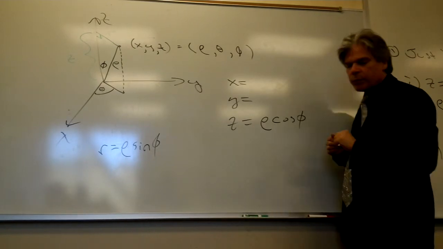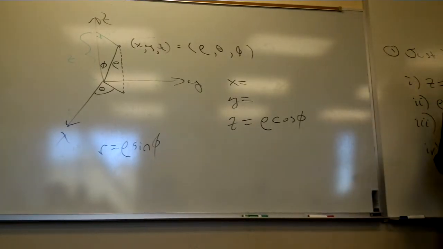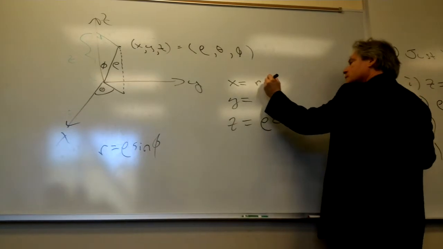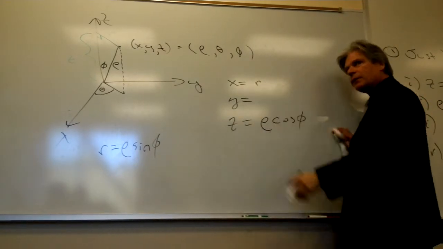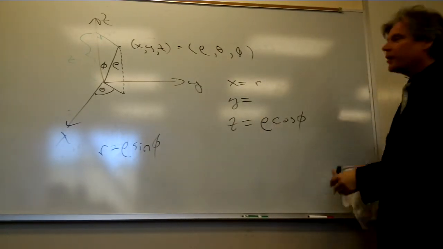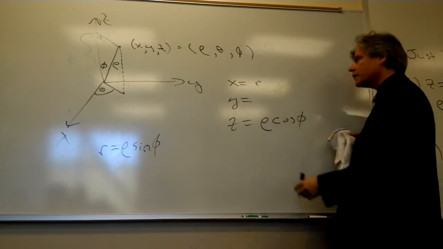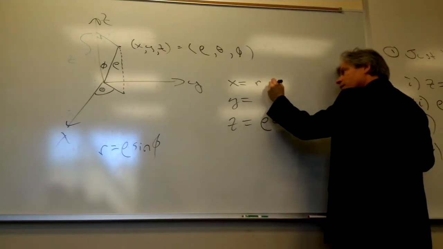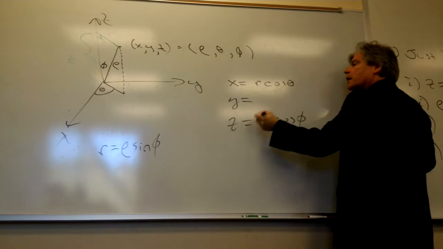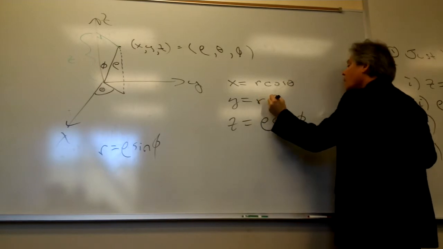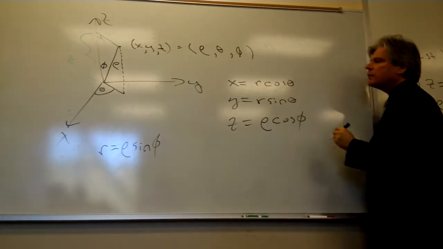And just like with cylindrical coordinates, the homework you did for today, humor me: x is equal to r times the cosine of theta, and y is equal to r times the sine of theta. Oh, I made a mistake.